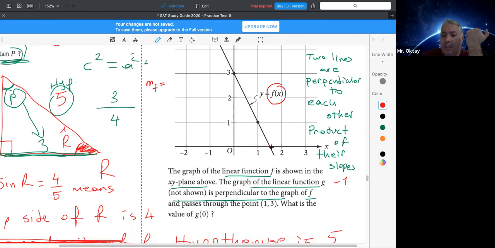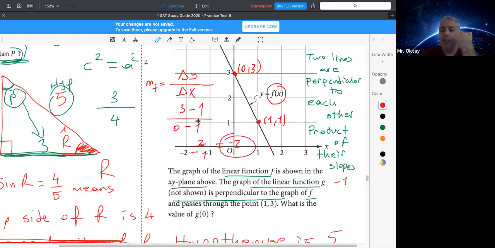For example, this point is a little bit difficult, but this point is easy: 1, 1, and this point 0, 3. Is it true? Now, what is the slope? Delta y over delta x. That is 3 minus 1 divided by 0 minus 1, which is 2 over minus 1, which is -2. So the slope of f is -2.